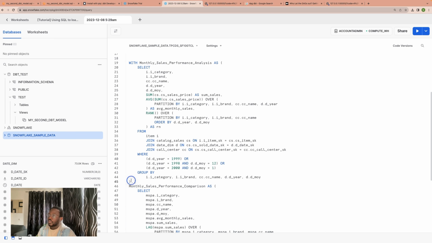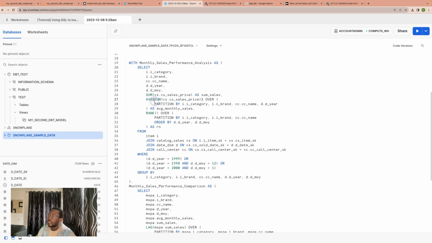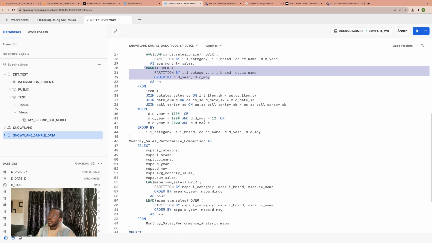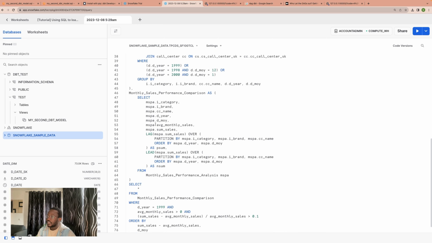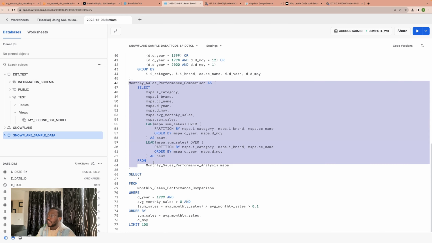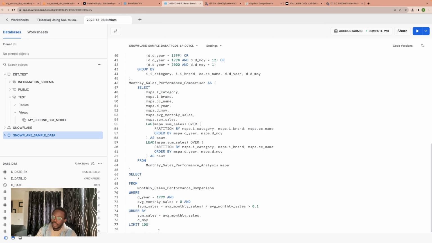Aside from that, you have a couple of CTEs doing different types of applications at different levels. For instance, you can see the sum here, the average, and of course the window function here as well. At the same time, you have another CTE doing some other calculation. And then, of course, you have some final stuff happening here.